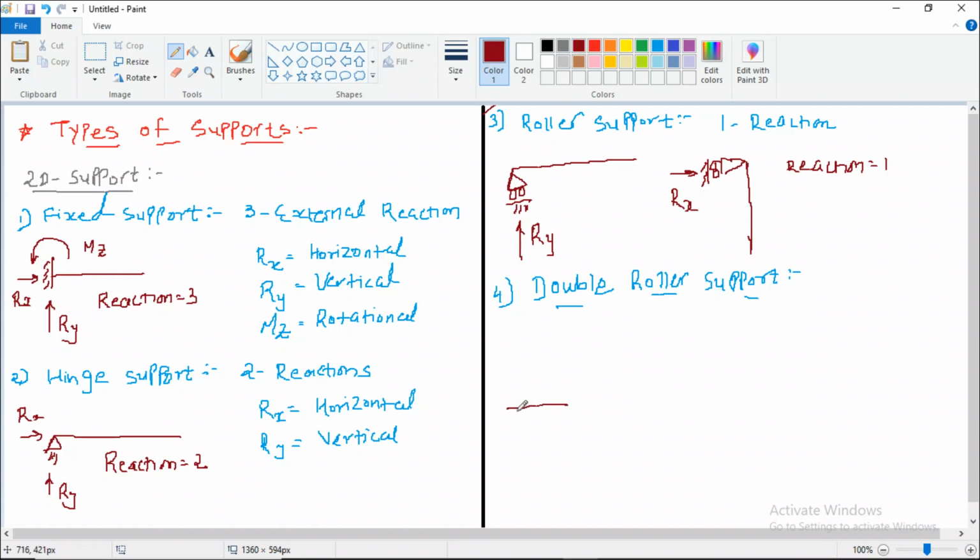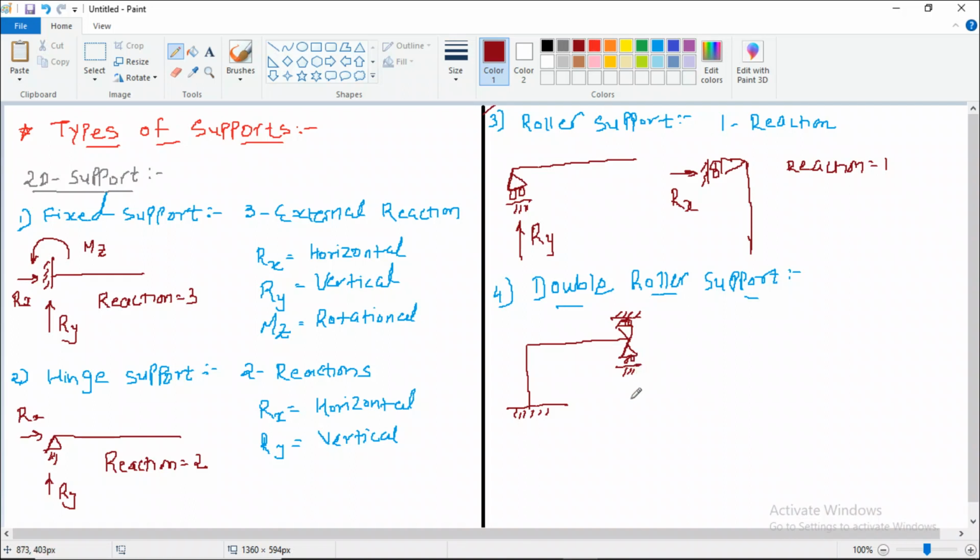So first of all, let us see how this double roller support will look like. Let us say this is a particular frame that we have, and at this junction, at this point B, we have a roller at top and we have a roller at bottom.